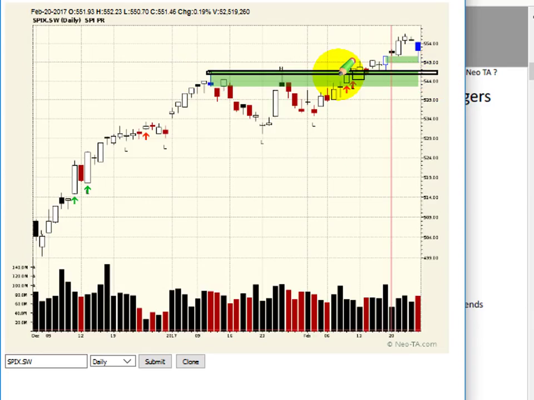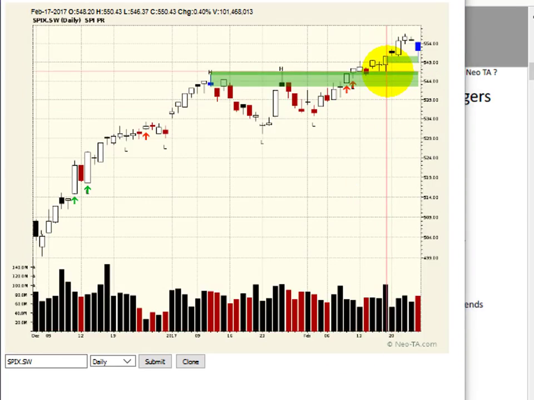I was just highlighting this area for you a while ago. If you pull it back and look at it, you can see how the shade is stronger. That's because it's an overlap, and an overlapping area gives it more strength. The suspicion is that if price comes back to this area again, you're going to have a good chance that it's going to be a buy one more time in that area.